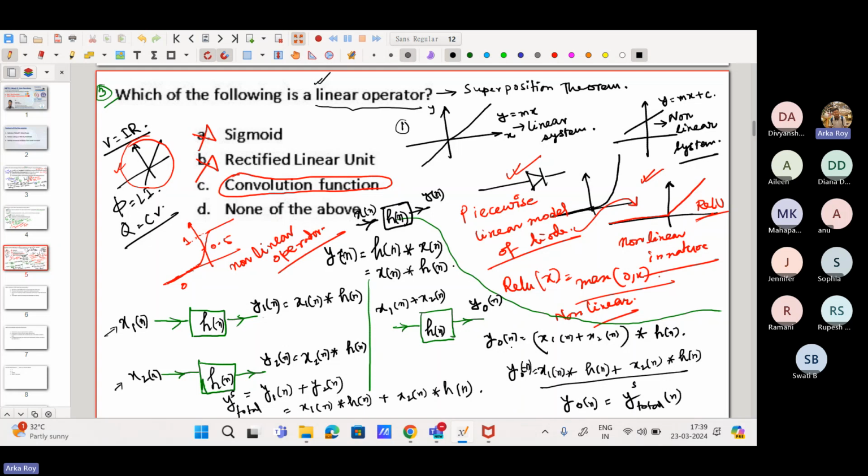Here I can observe that when I feed the inputs together, the output I get, y naught of n, is equal to the case when I feed the inputs separately and then take the summation. This states that the superposition theorem is obeyed.